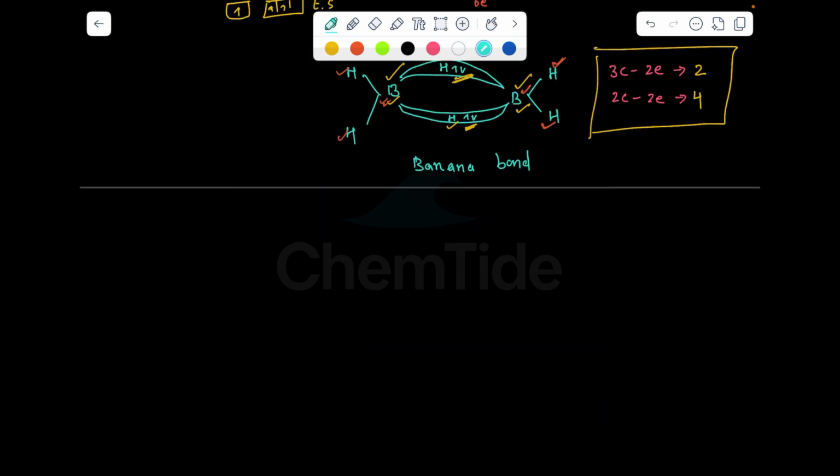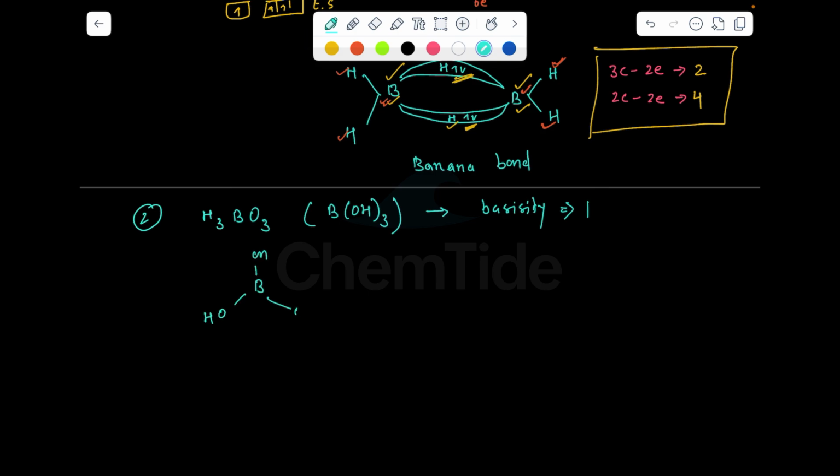The second compound of boron is called H3BO3, orthoboric acid. It's also written as B(OH)3. They would ask a question that the basicity of this molecule is one only, because boron's octet is incomplete, so it is not going to release any of its hydrogen.